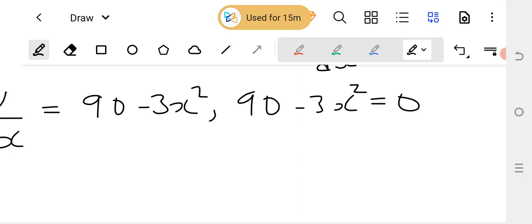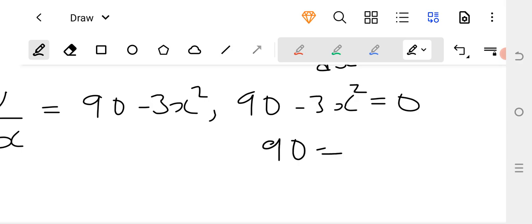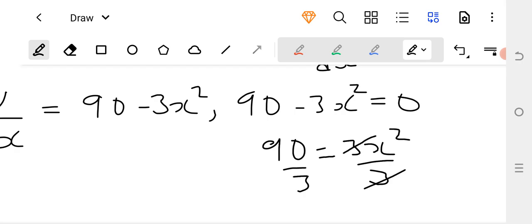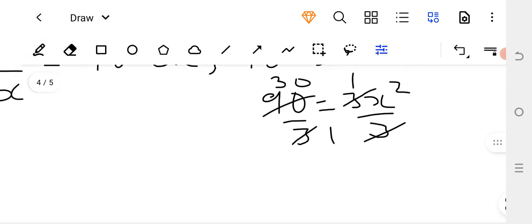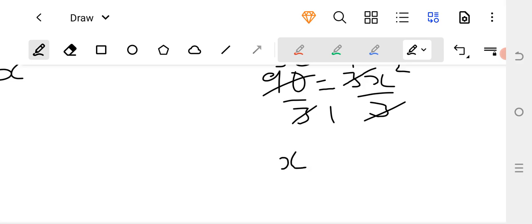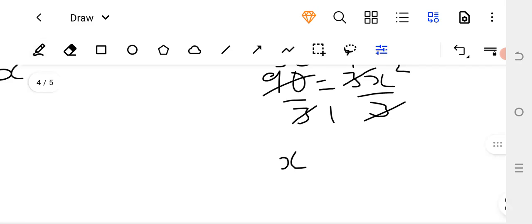So at this particular point, we can take the 3x squared to the other side. We divide by 3, divide by 3. 3 into 3 is 1, and into 90, it's 30, right? So x squared is equal to... wait, am I finding the value of x?